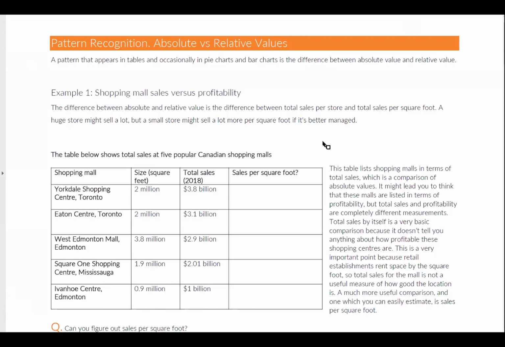Almost 2 billion per square feet. That's too much. That's way too many zeros. 1 point something. So if you're going from billion to million, how many extra zeros is that? Why don't we start with Ivanhoe Centre? This might be a nice little warm-up one because it's pretty simple.